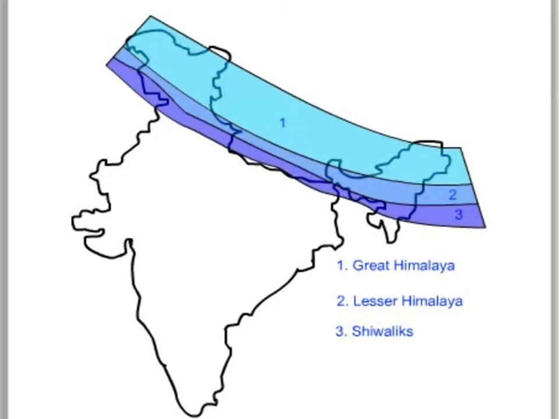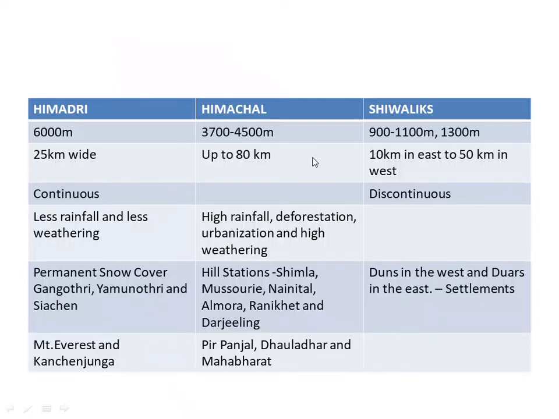So the Great Himalayas is also called Himadri, the Lesser Himalayas are also called Himachal, and Sivaliks is the outer part of the Himalayas. What is the average height of the Himadri? That is 6,000 meter. So it's very high, right? And the average height of Himachal? 3,700 to 4,500 meter. And of Sivaliks? It is just 900 to 1,100 meter.